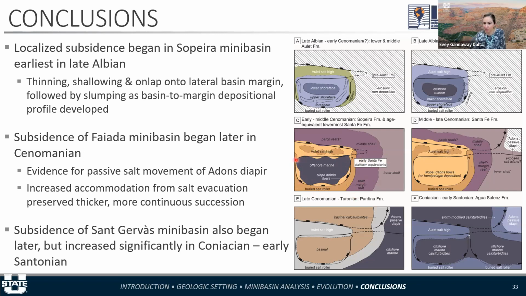how much of a chance really is there to preserve halokinetic features along this, if that margin is then going to be upturned or rotated, excuse me, during the compression, and then either lost by erosion if it's elevated, or it's sitting in our subsurface.